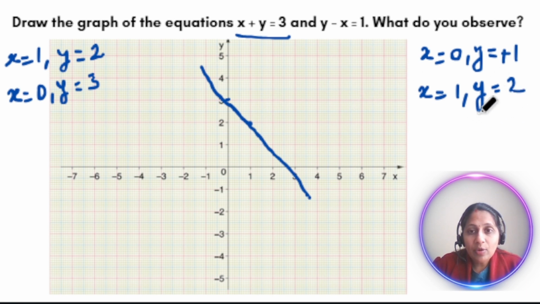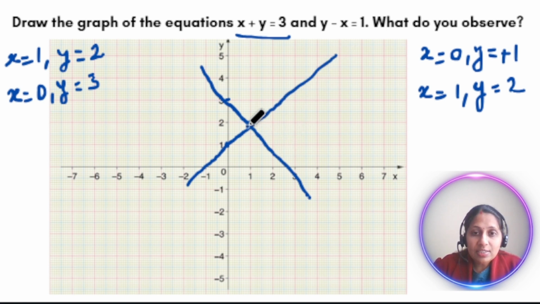Now I'm going to plot these values on the graph. So 0, 1 is nothing but here, and 1, 2 is here. So the line will be like this.